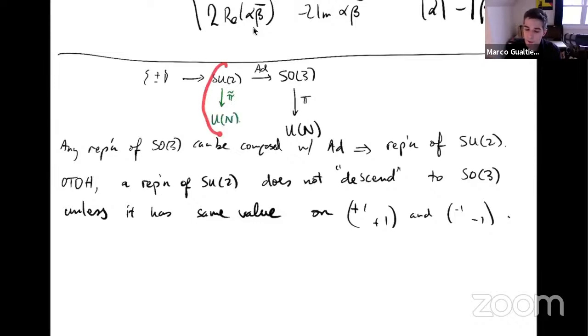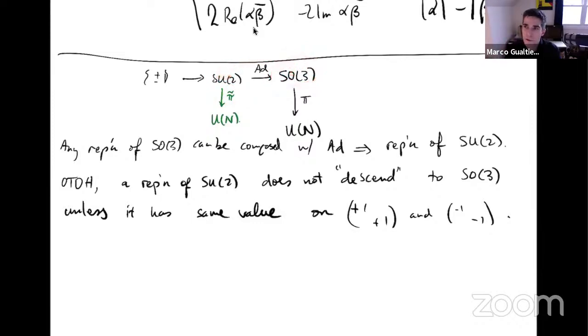If this was given, then there is no reason to believe that it would define a map from SO3 to UN, because in order for that to be true, we would need that pi tilde doesn't see the kernel. So the image under +1 is the same as the image under -1, and therefore you could say that its value on a certain SO3 element is the following. You could say, take that element, lift it to SU2.